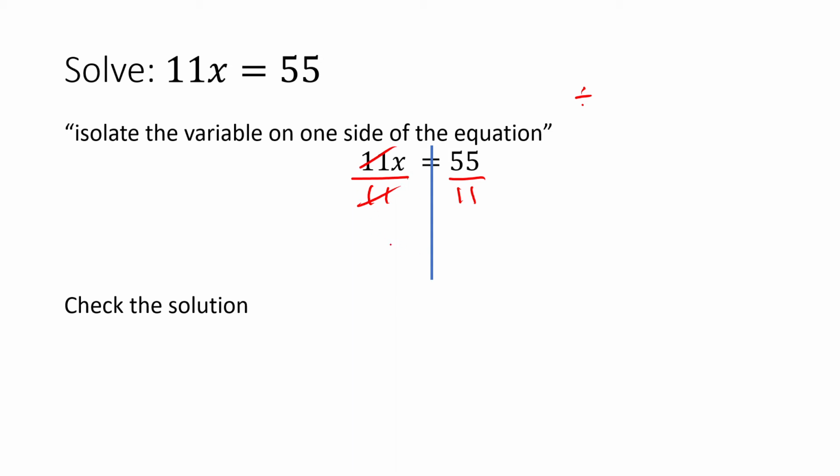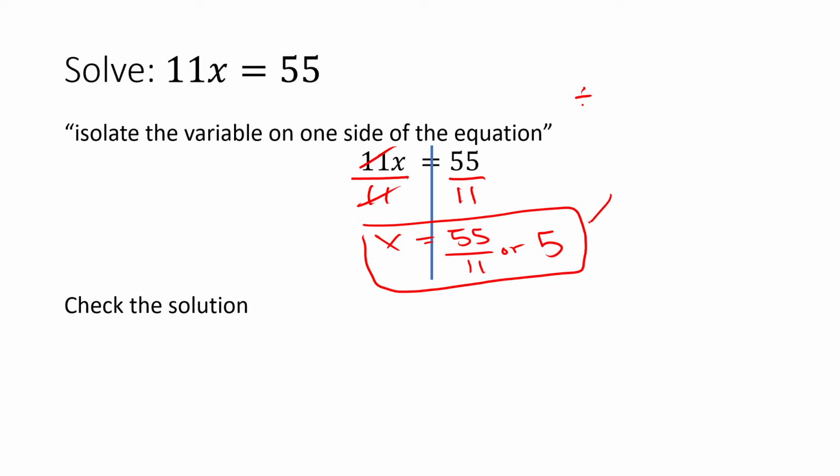So if we cross 11 out, you're left with what? x is equal to 55 over 11, or if you simplify that, you'll get 5.